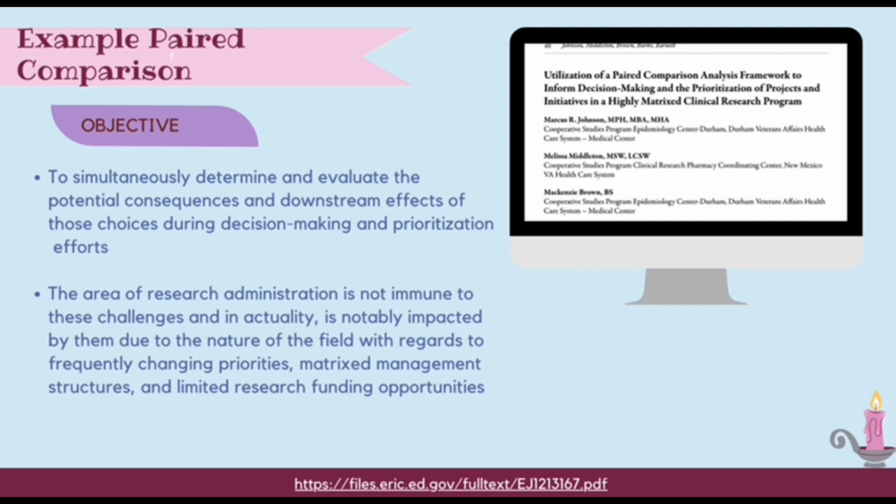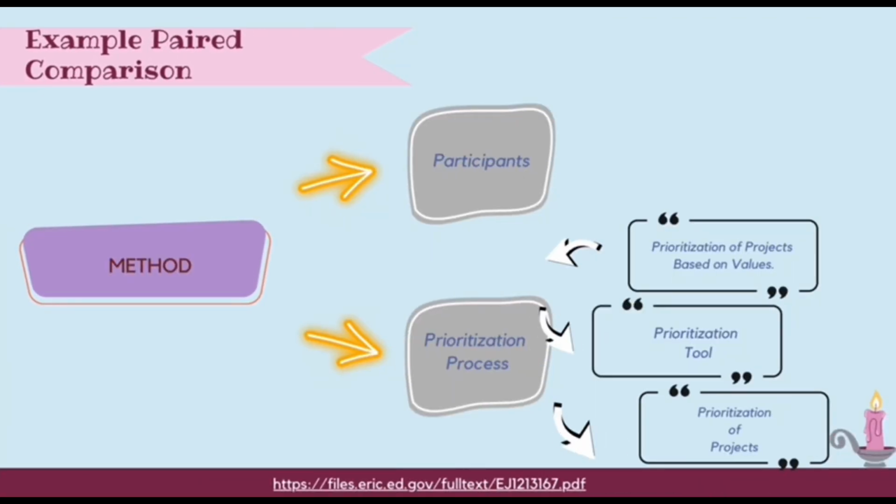The area of research administration is not immune to this challenge and in actuality is notably impacted by it, due to the nature of the field with regard to frequently changing priorities, matrix management structure, and limited research funding opportunities.